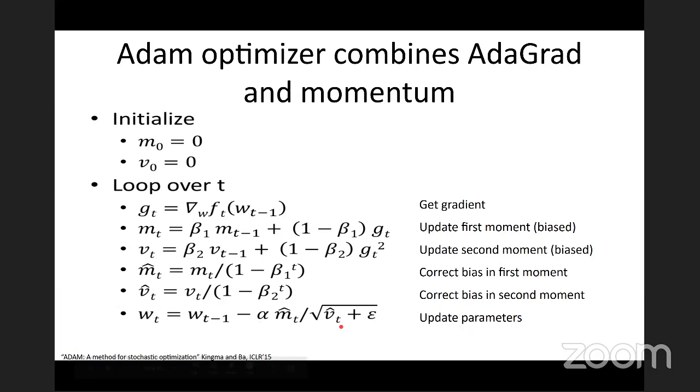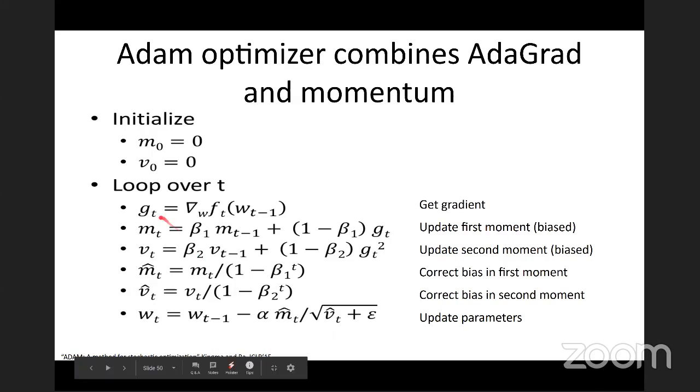Instead of that, it takes this concept from AdaGrad, where it looks at the gradient divided by the square root of the sum of the squares of the gradients for the last several steps. Instead, it replaces it with the first moment divided by the square root of the second moment. And how does it compute the first and second moments?